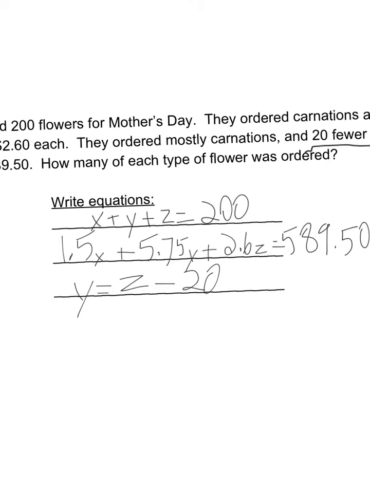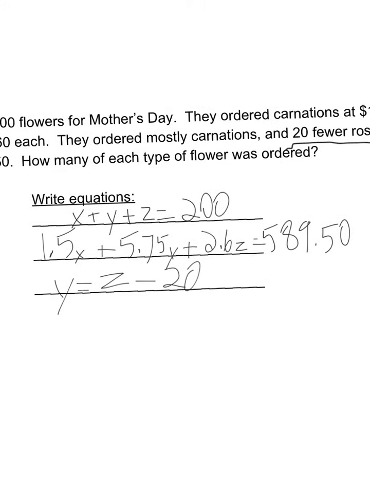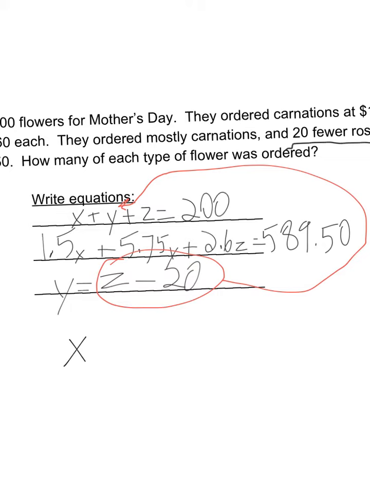And those will be my three correct equations. So this is the hard part, formulating the equations. And then we're going to go ahead and substitute. But yeah, I have y equals z minus 20. So I can take that and I can plug it into either equation. I feel like it'd be easiest to do it into this one. So I'm going to have x plus z minus 20, plus z equals 200.